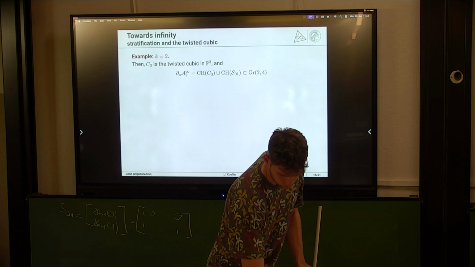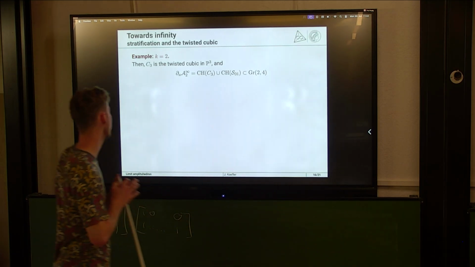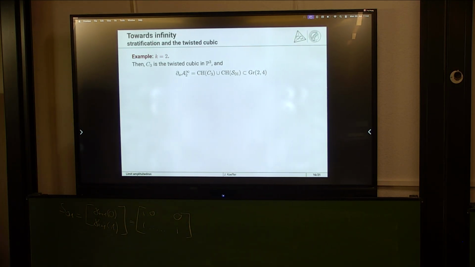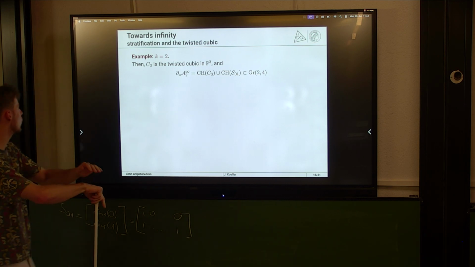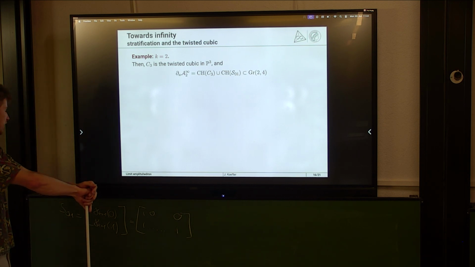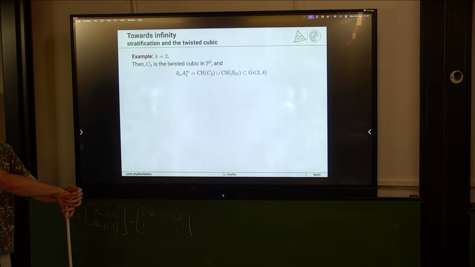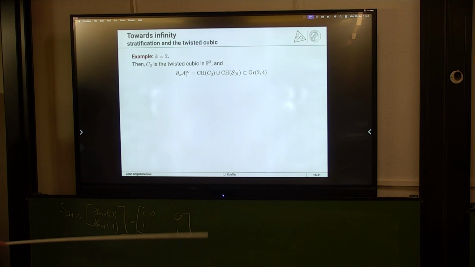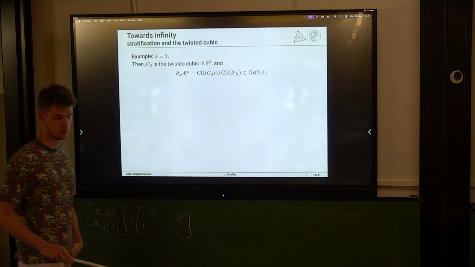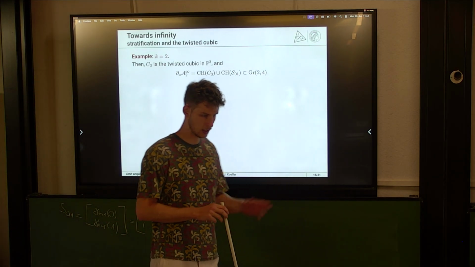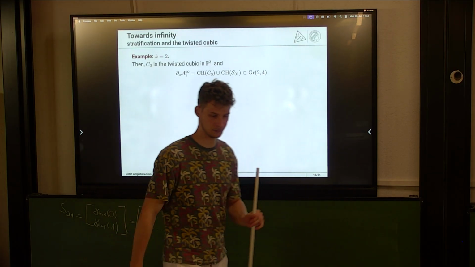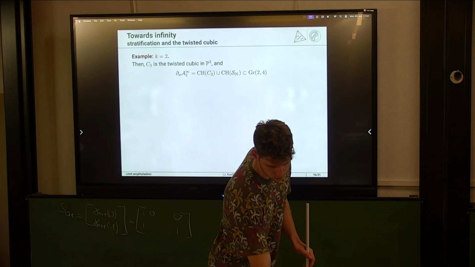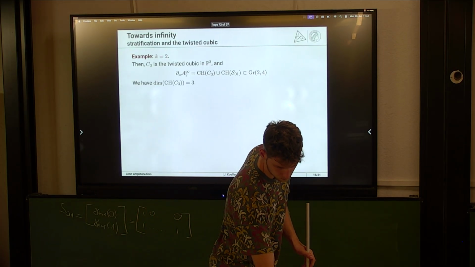Okay, so we are near the end of this talk, but I want to go through one example higher up, and that's the k equals 2 limit amplituhedron. And now, instead of having a circle as the boundary curve, it's really the twisted cubic, and we have, again, these two irreducible components of the algebraic boundary.